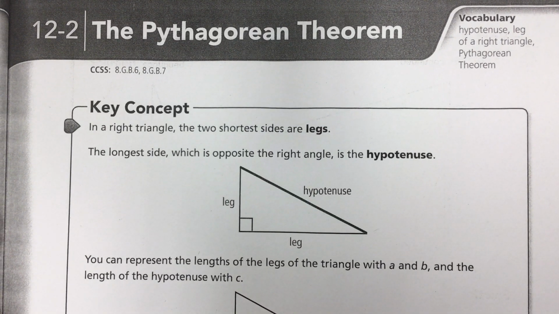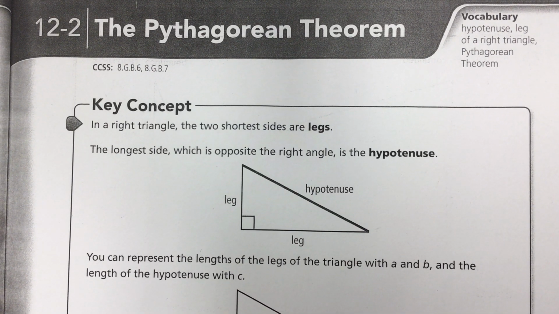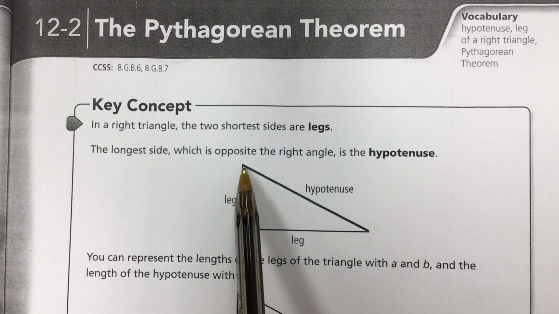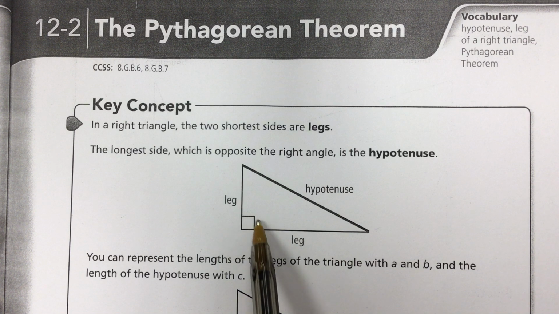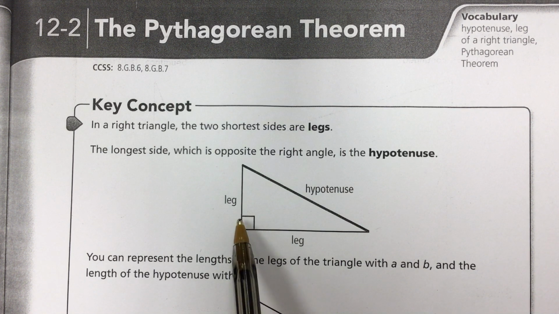Section 12-2, Pythagorean theorem. In a right triangle, remember a right triangle has a 90-degree angle, and the 90-degree angle is denoted by the little box here at the vertex.